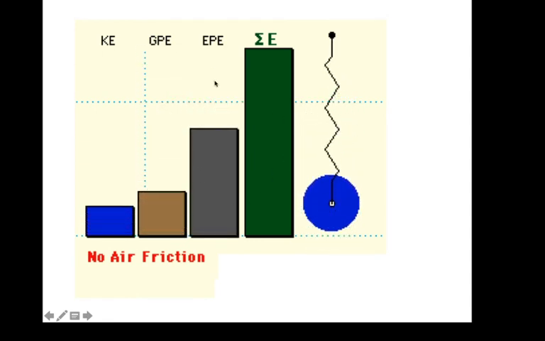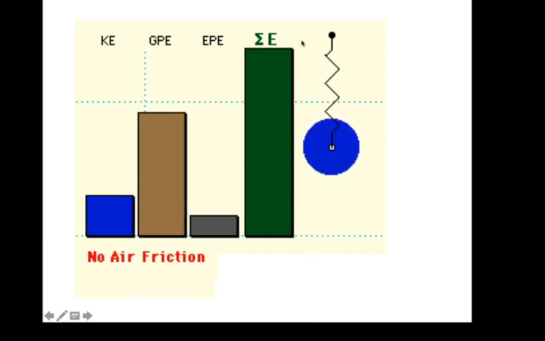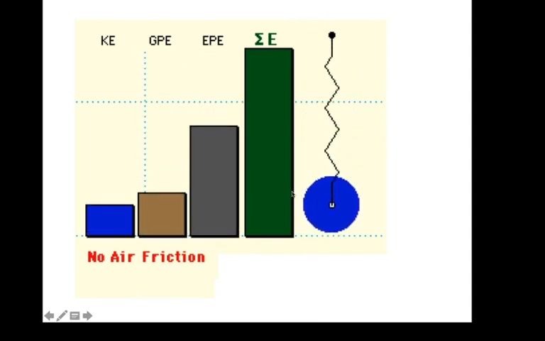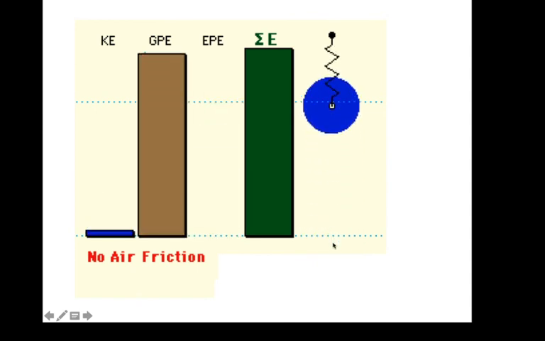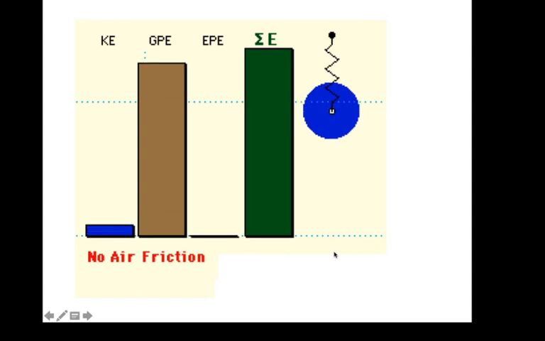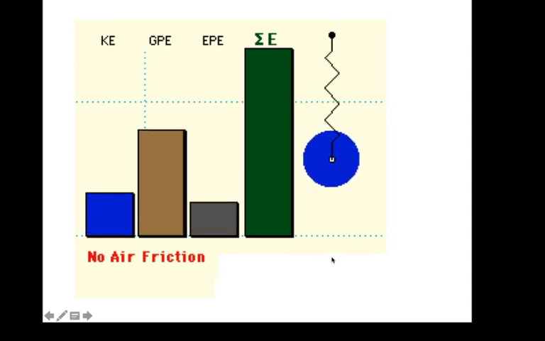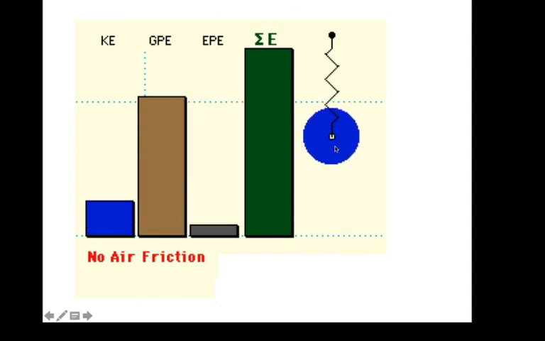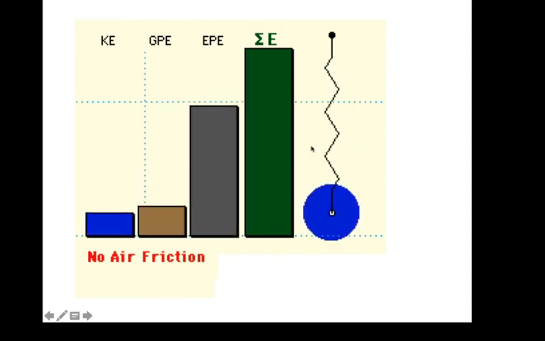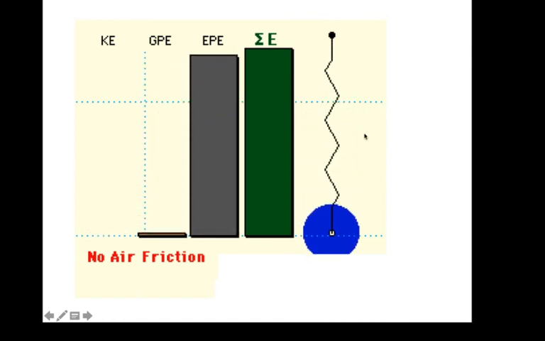And the elastic potential energy, the spring energy, is going to be maximum when it's at the bottom. That's when it's going to have the largest spring force or elastic force trying to push it back up to equilibrium. And at the top, we're replacing that with our gravitational potential energy.